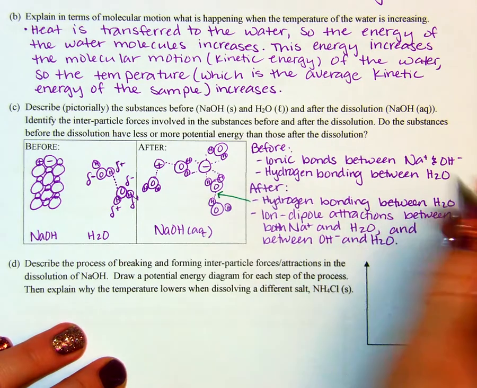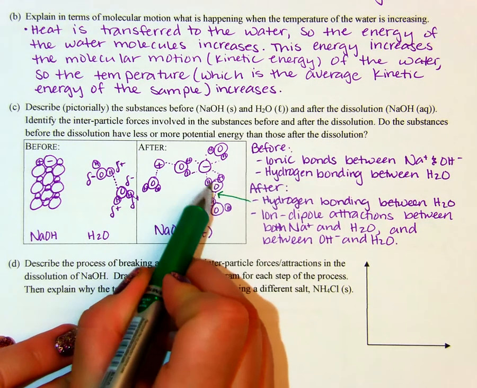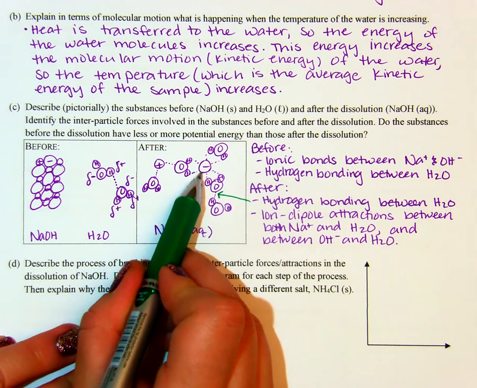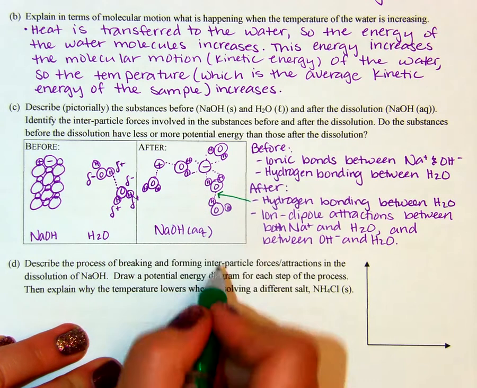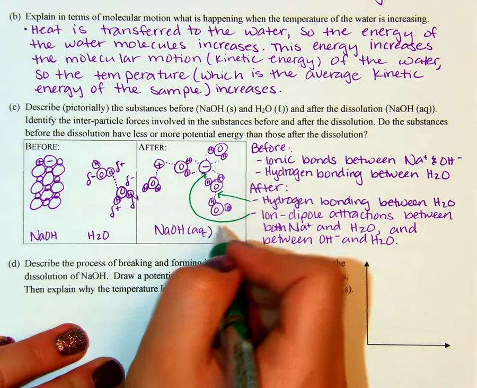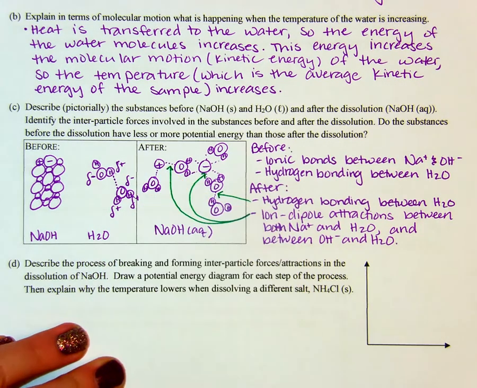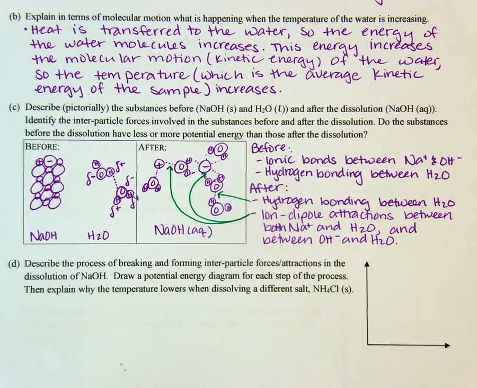And so those ion dipole attractions are between the dipole in the water here, right here, and the ions that are from the sodium hydroxide. So one of those would be there. Another one of those would be there, right? So we have all those attractions happening.